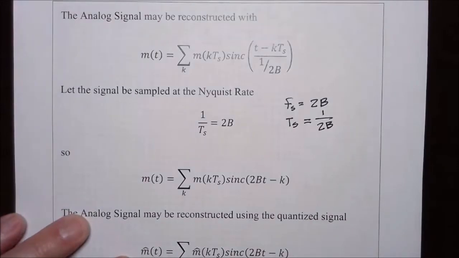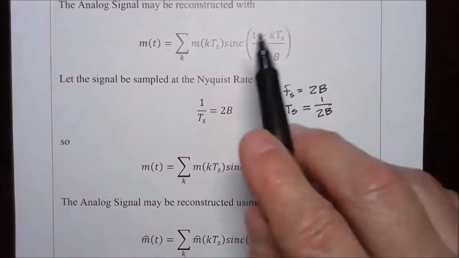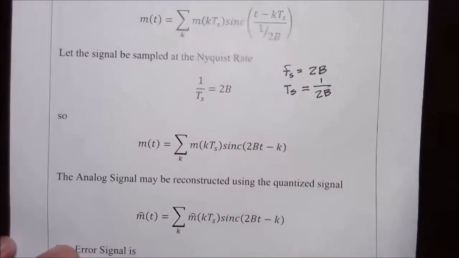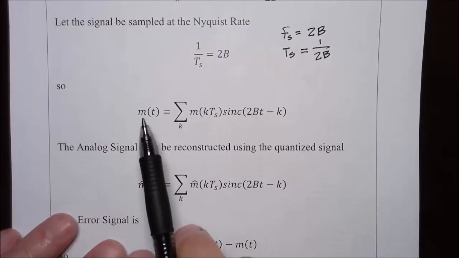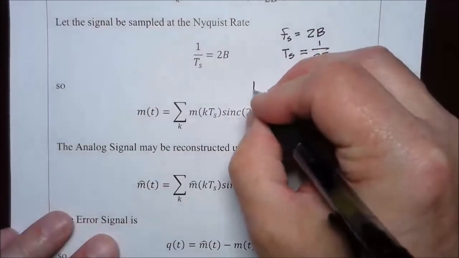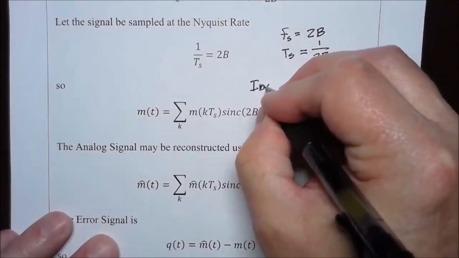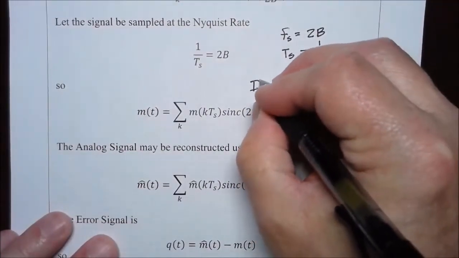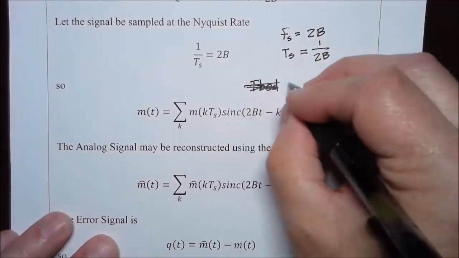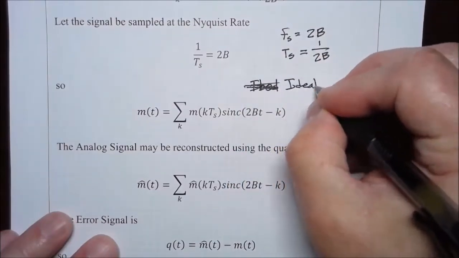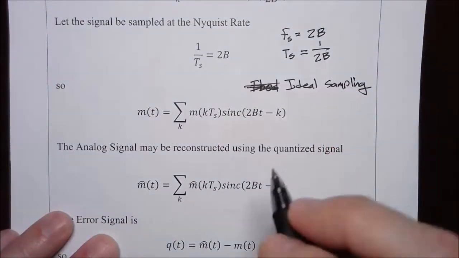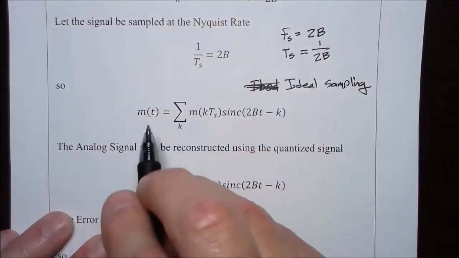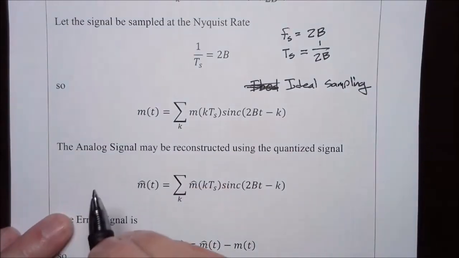That will give us the sampling period. Substituting that back into this equation, we can write the equation for the reconstructed signal with ideal sampling. So this gives us m of t.